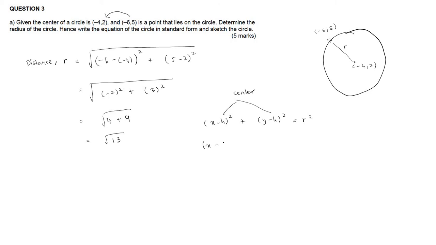So x minus negative 4 squared plus y minus 2 squared equals square root 13 squared. x plus 4 squared plus y minus 2 squared equals 13. Okay, and this is the standard form. Sketch the circle is probably like this.